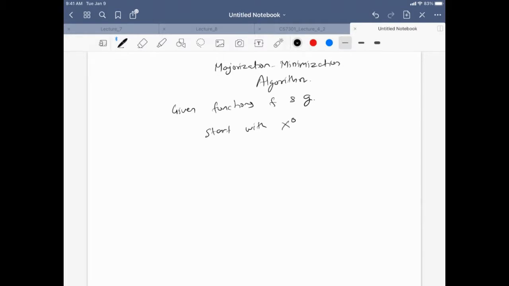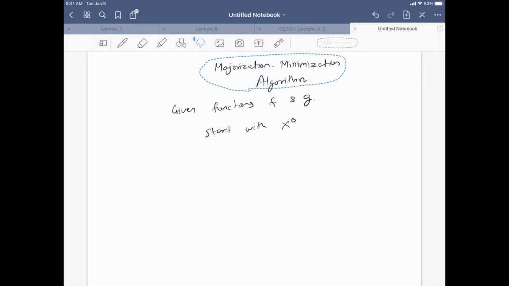Is majorization the same as maximization? No. Majorization means that you compute upper bounds, right? So you majorize the function, meaning you compute the upper bound of the function, and you minimize the upper bound. The contrasting thing is called minorization maximization.